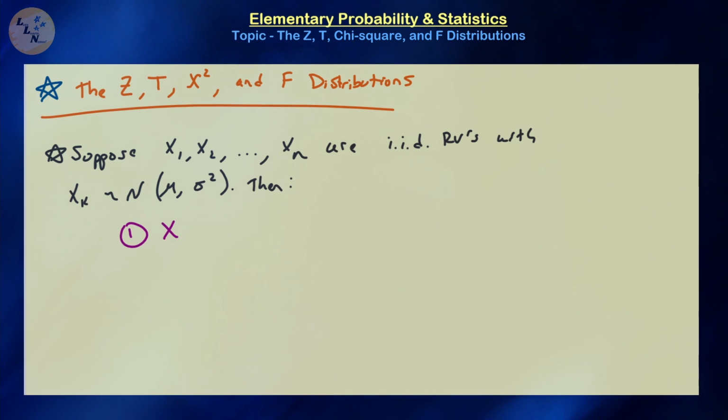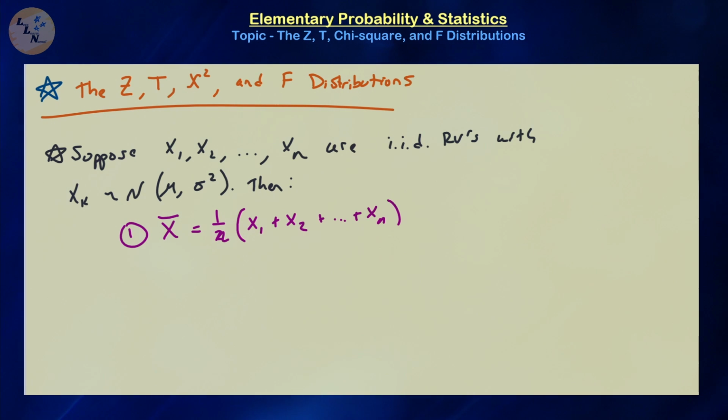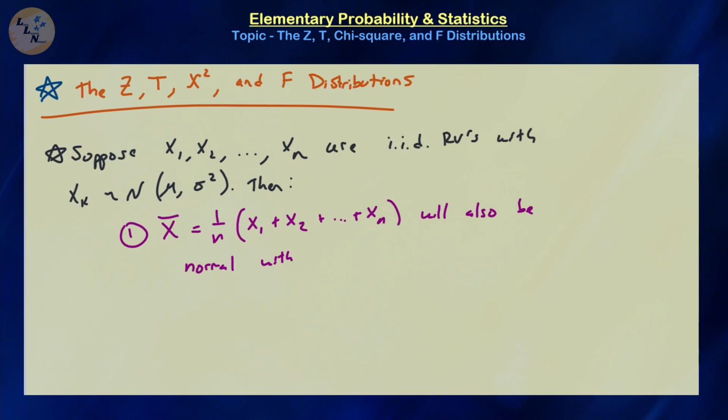One, the mean random variable of these random variables, i.e. defined to be 1 over n times x1 plus x2 all the way down to, say, xn, i.e. the average of those random variables, will also be normal with a mean and a standard deviation.